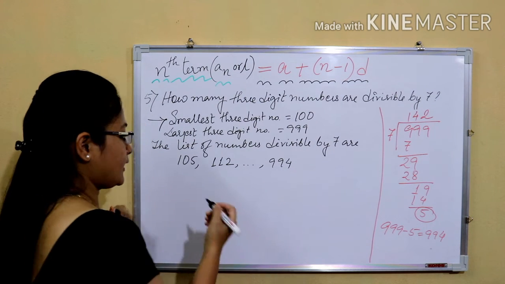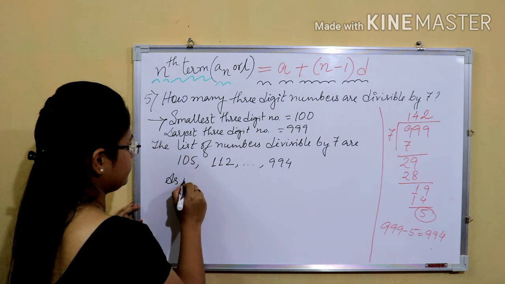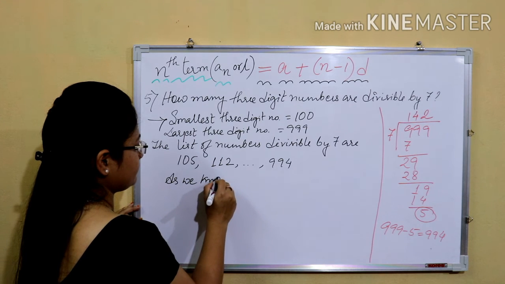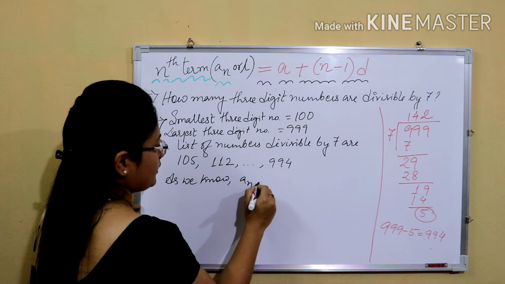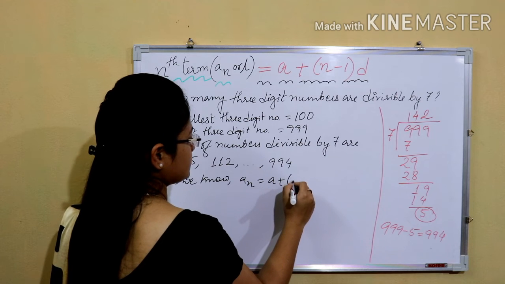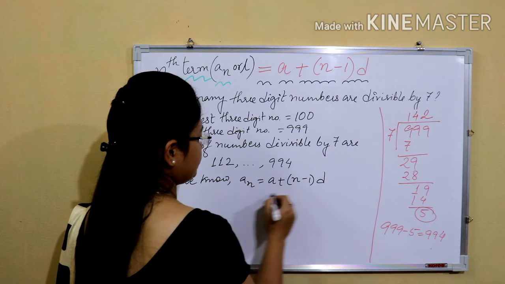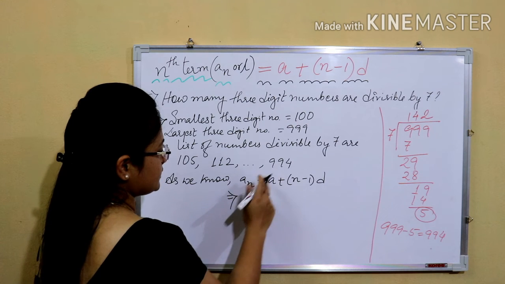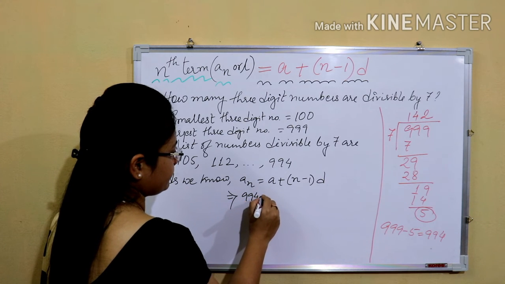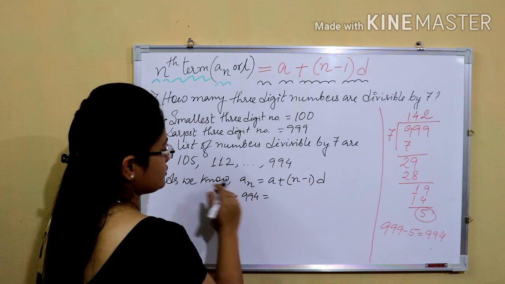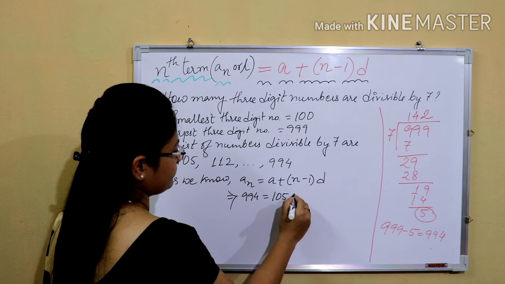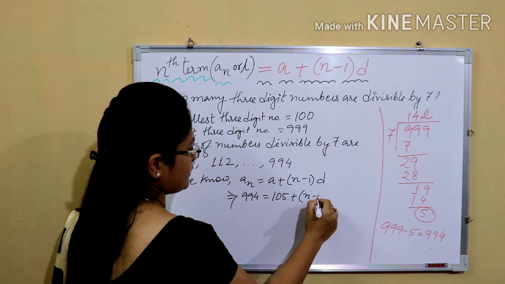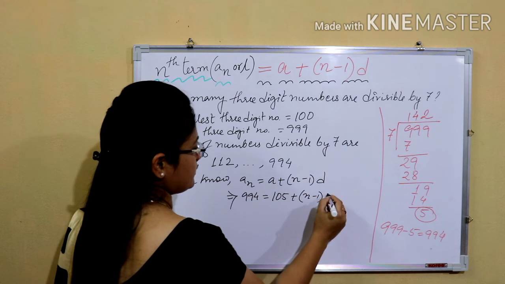As we know, a_n is equal to a plus n minus 1 times d. Here a_n is 994, a is 105, and d is 7.